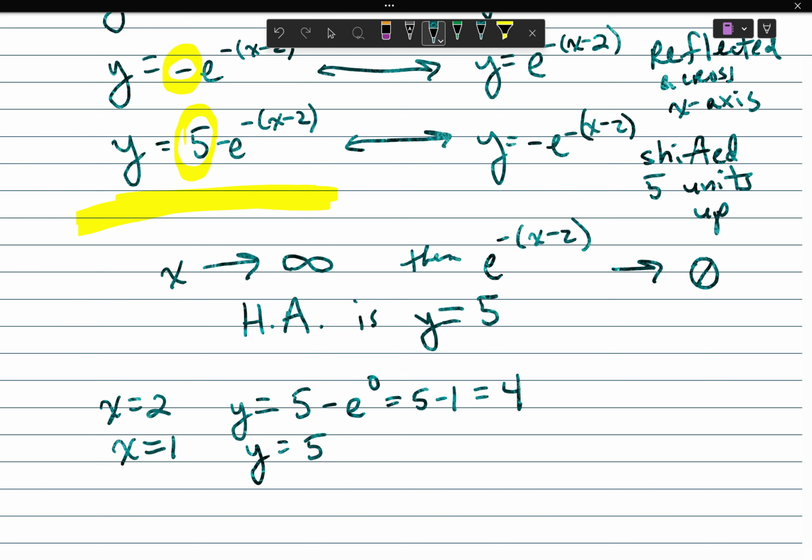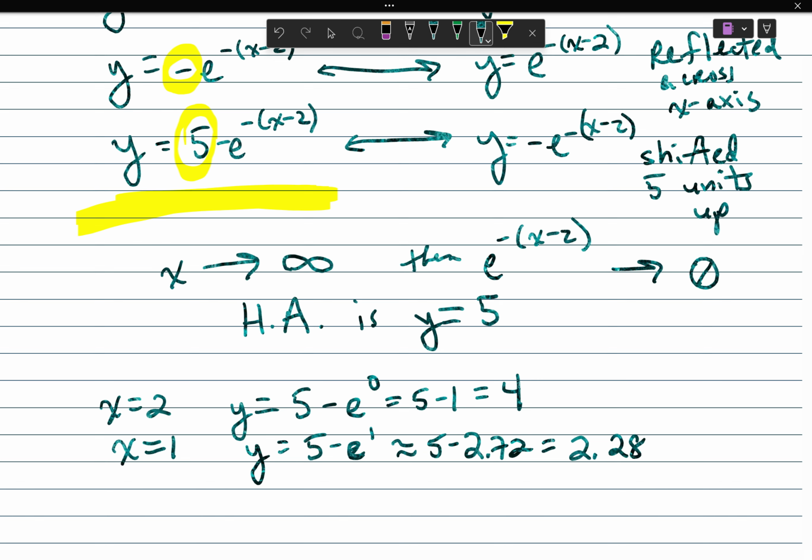So that's 5 minus e to the positive 1 power, approximately 5 minus 2.72. So that gets us about 2.28.